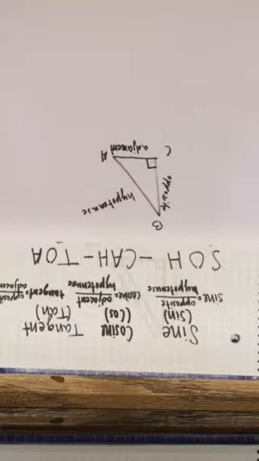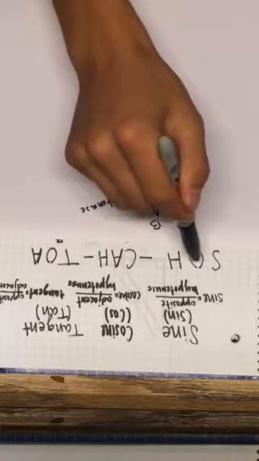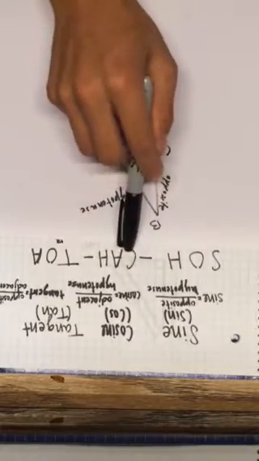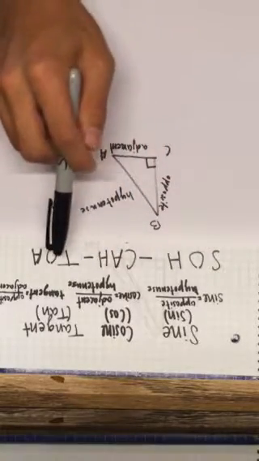And so you can also use SOH, CAH, and TOA to remember these, as sine is opposite over hypotenuse, cosine is adjacent over hypotenuse, and tangent is opposite over adjacent.